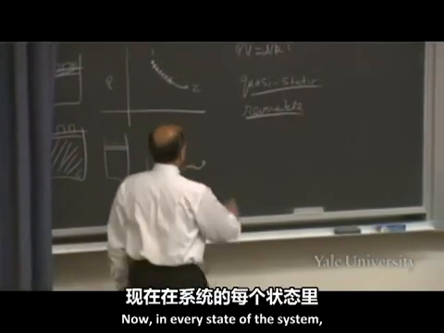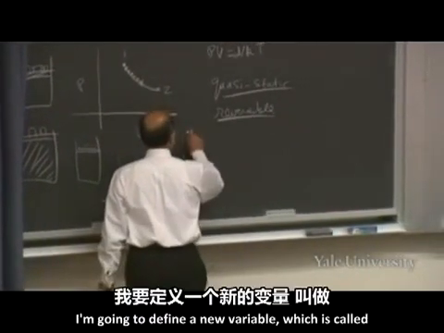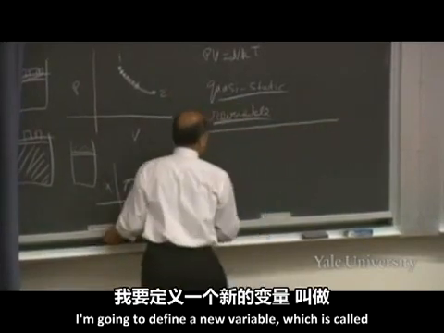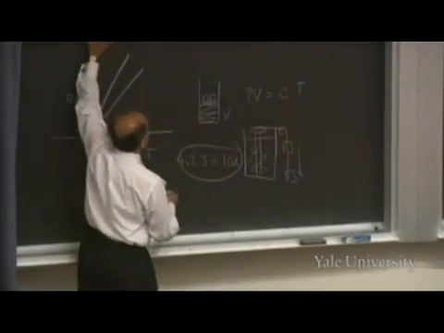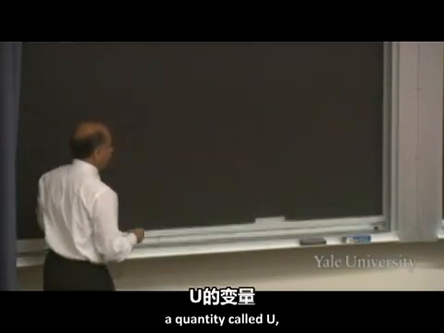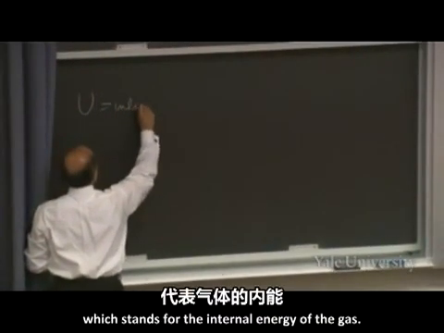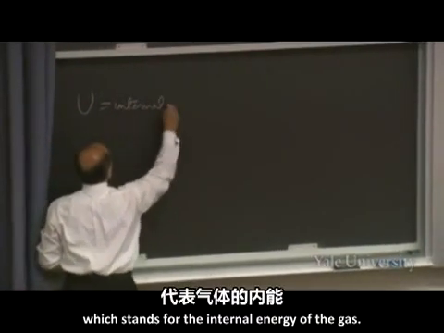Now, in every state of the system, I'm going to define a new variable, a quantity called U, which stands for the internal energy of the gas.